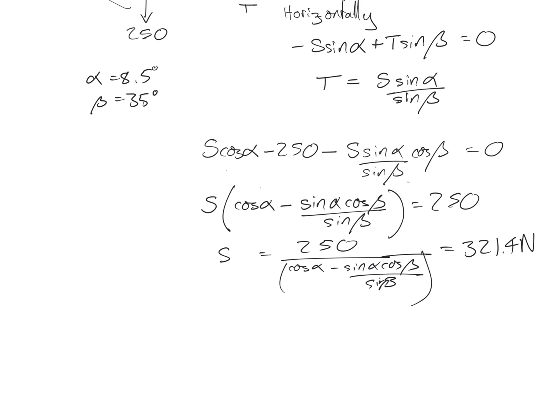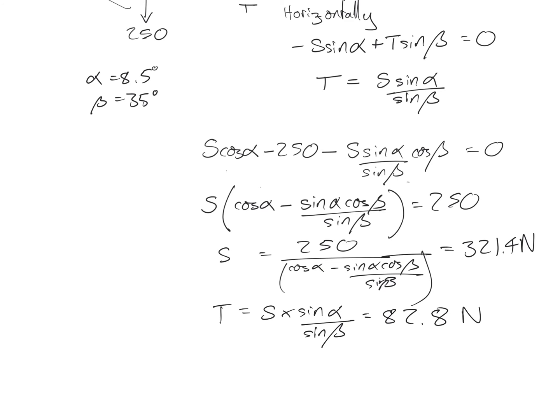And T is going to be that number, keep in my calculator, times sine alpha over sine beta. So times sine 8.5 divided by sine 35 is 82.8 newtons.